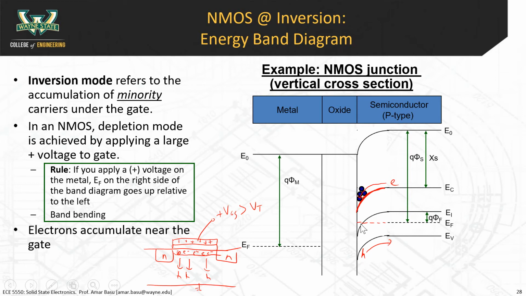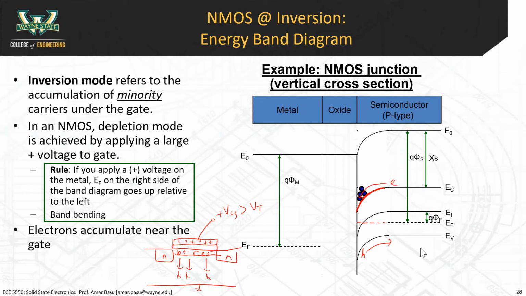So if EF is close to EC, above EI, that means we have an n-type material. Just at the interface here, you have an n-type material. Back out on the right side of the diagram, you have a p-type material. So that's how you describe inversion in an energy band diagram.